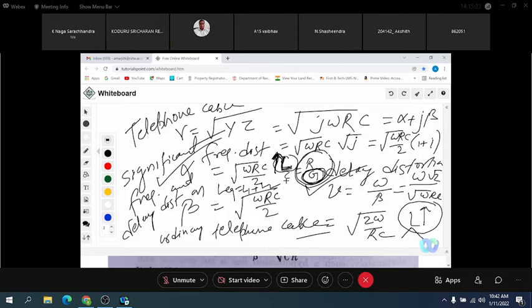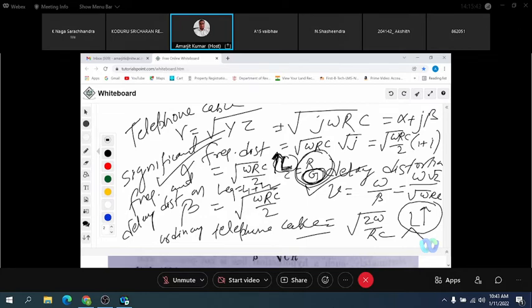The other is distributed loading. Lumped loading of inductors is not possible for submarine or underwater applications.